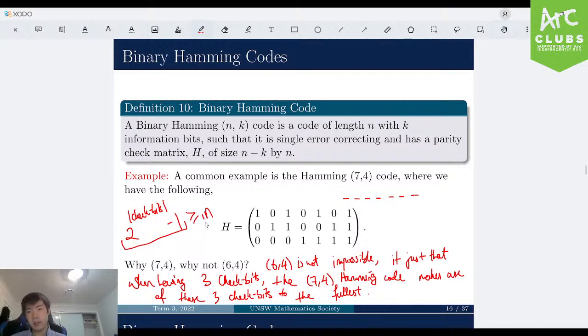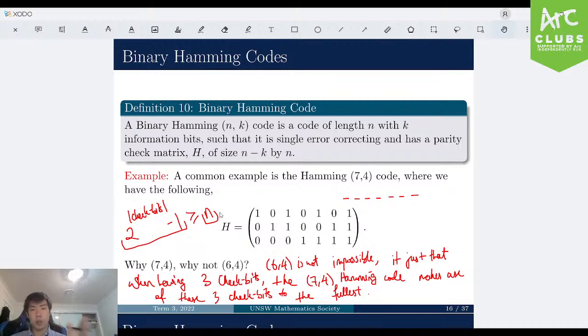And n represents the length of your code. If we're having a code that has the property of being single error correcting, that means if your code word is corrupted in the first position, it needs to be able to correct it. If it's corrupted in the second position, it needs to be able to correct it. If there's a corruption in the third position, it needs to be able to correct it, and so on.